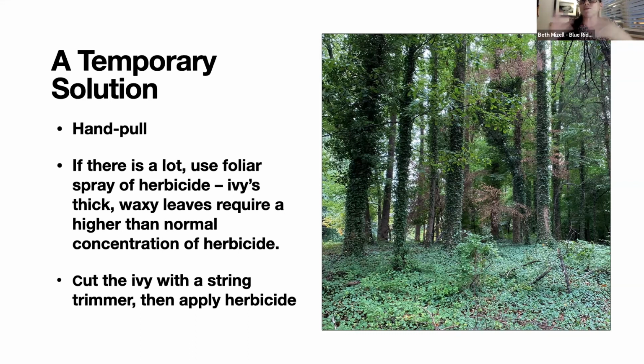You're going to kill the vine from wherever you cut it up to the tree. And then you need to think about controlling the vines that are on the ground, and you can use a foliar spray herbicide. You can also hand pull them and cut them with a string trimmer. So there's several different techniques to help you to control the vines on the ground.